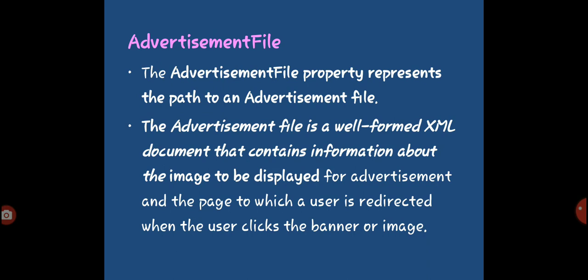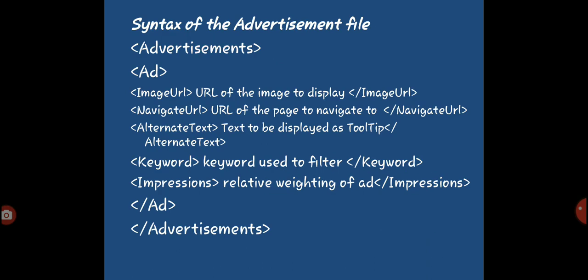When I click on the advertisement control, this particular XML file will run, and whatever is there in this XML file will be executed and the result will be shown.